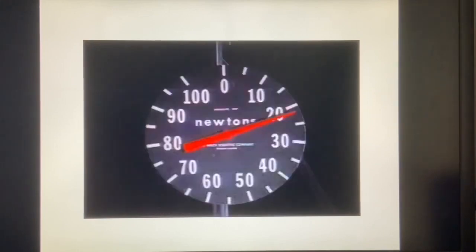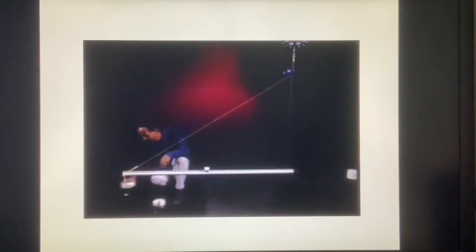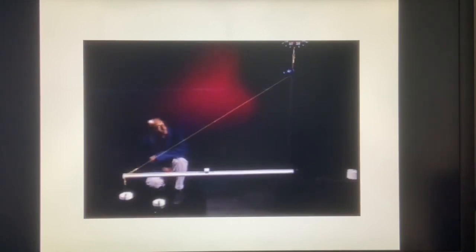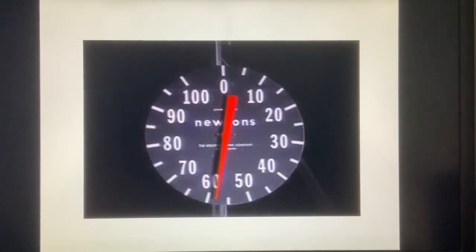This boom arm is supported by a wire that is attached to a spring scale. The scale shows the tension which is necessary to support the arm. The arm has a mass of about 2.2 kilograms. Now we'll add 2 kilograms to the arm. Here is the new reading on the scale.